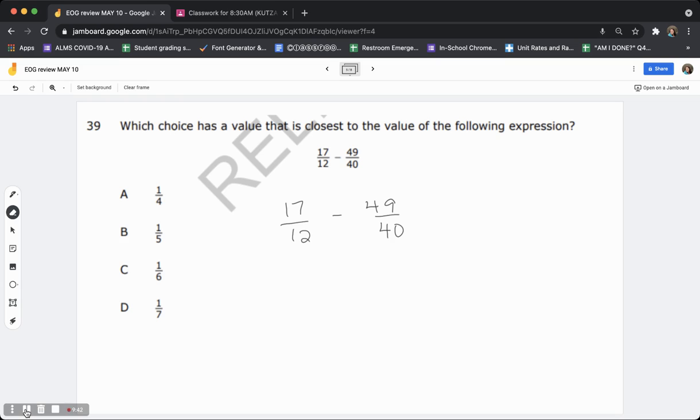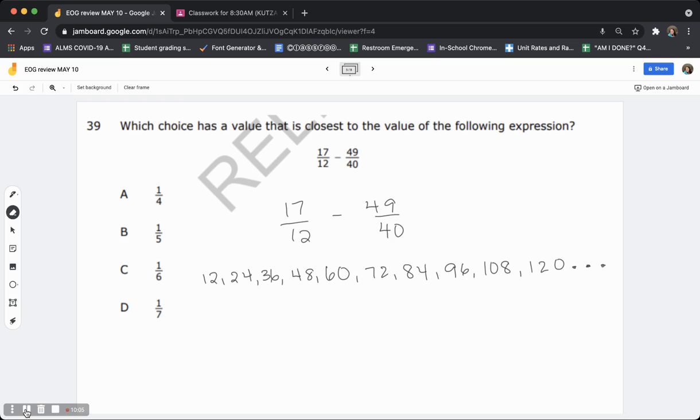If I list out my multiples of 12, I have 12, 24, 36, 48, 60, 72, 84, 96, 108, 120, and so on.